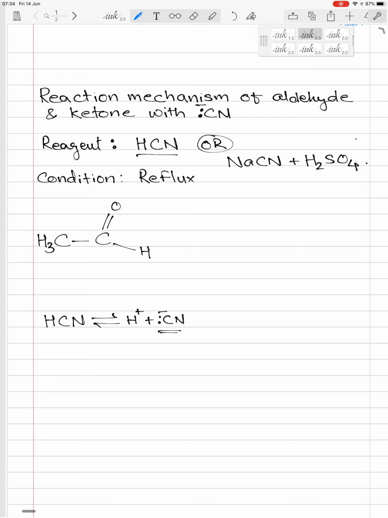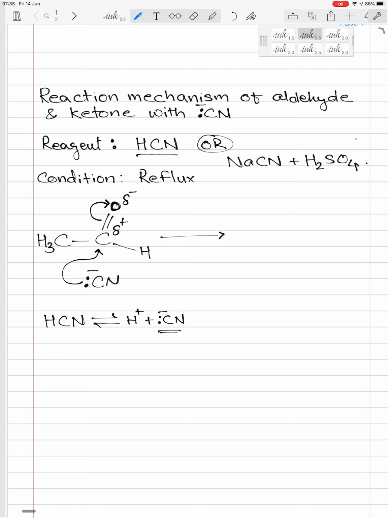When I look at the aldehyde molecule, the situation is oxygen being electronegative, pulling the electrons towards it from the covalent bond, and therefore it's developing delta negative charge. Carbon has got delta positive charge.